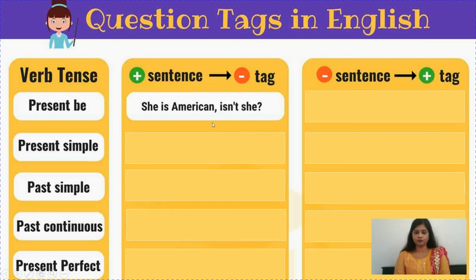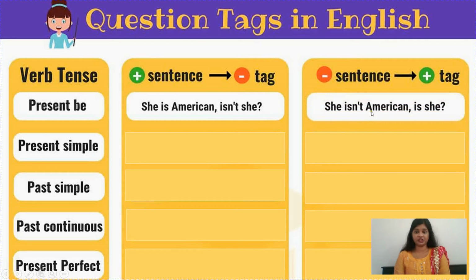Let's see how. Is is written here. So question tag starts with is, and obviously it is a positive sentence, so we have to write a negative question tag. So isn't, and why she? Because the sentence starts with she. So isn't she? Let's change the sentence into negative form. She is not American.